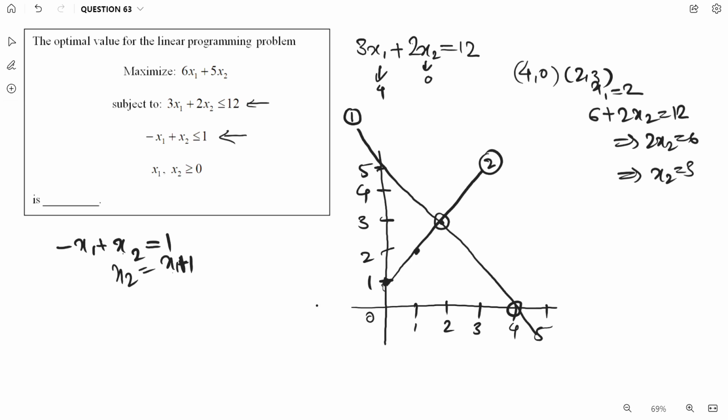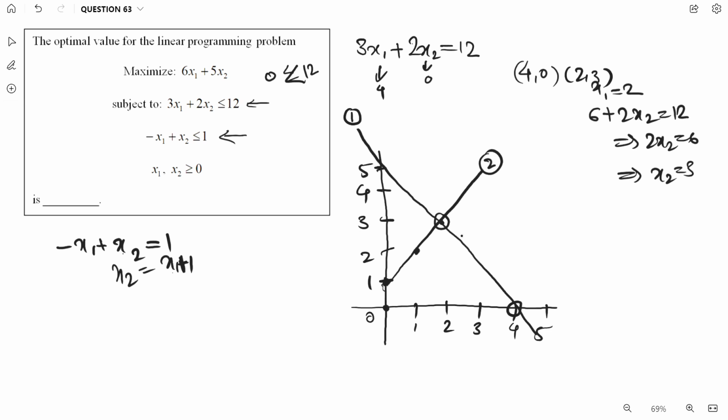Okay, now we have to find the region. Now for first constraint, this should be less than or equal to 12. So for finding out exactly which side is the less-than-or-equal side, just check for the (0, 0) point. Now put (0, 0) in this equation, we get 3 into 0 plus 2 into 0, it's 0, and clearly 0 is strictly less than 12, so (0, 0) lies below the line.